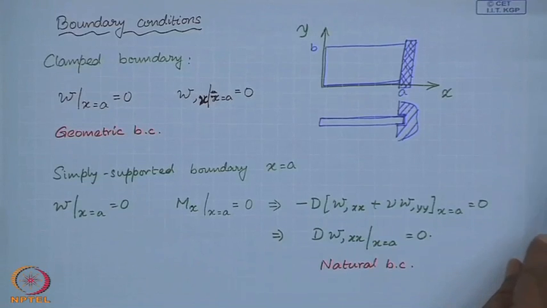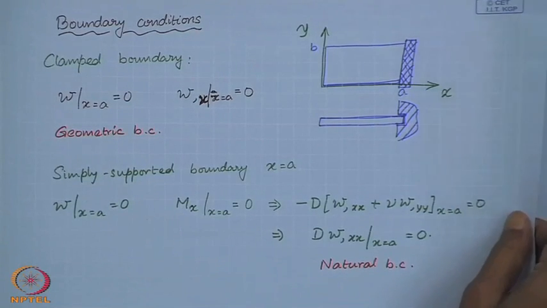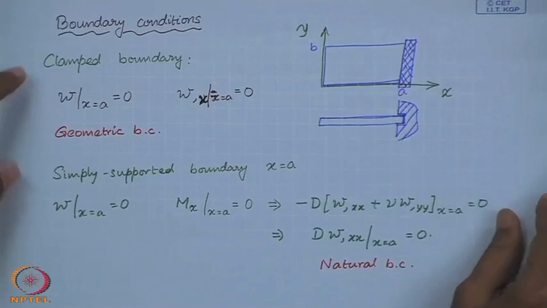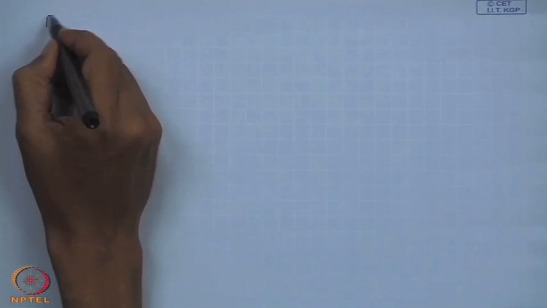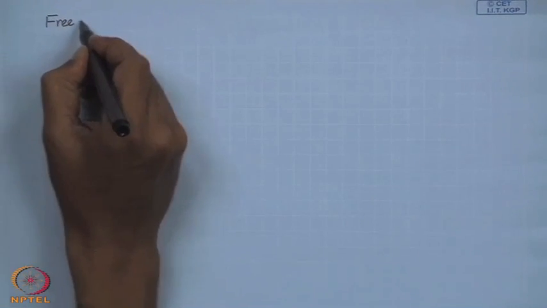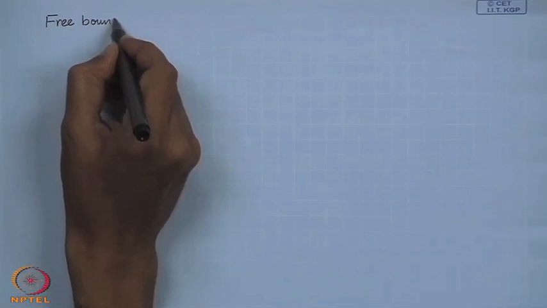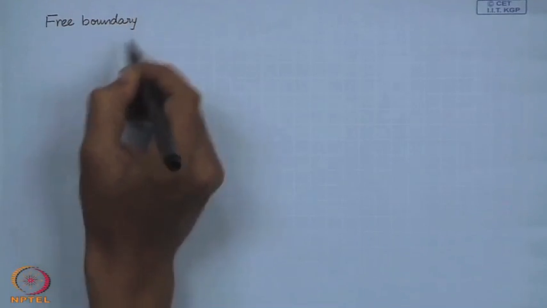Now, we come to this interesting case of a free boundary. We have discussed clamped boundary and simply supported boundary. Let us discuss the free boundary.